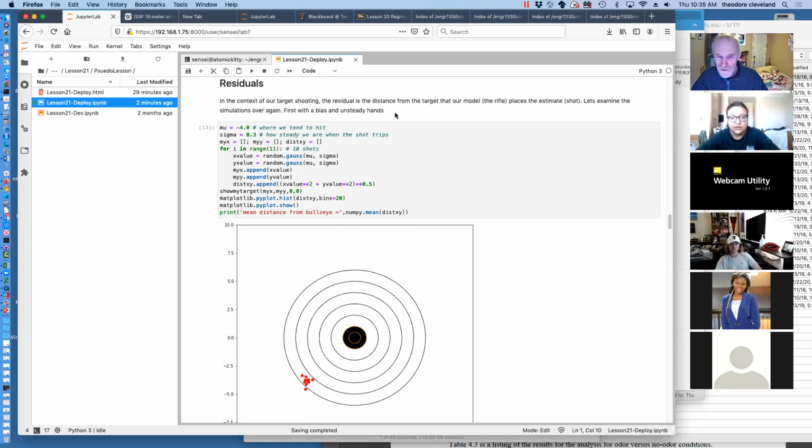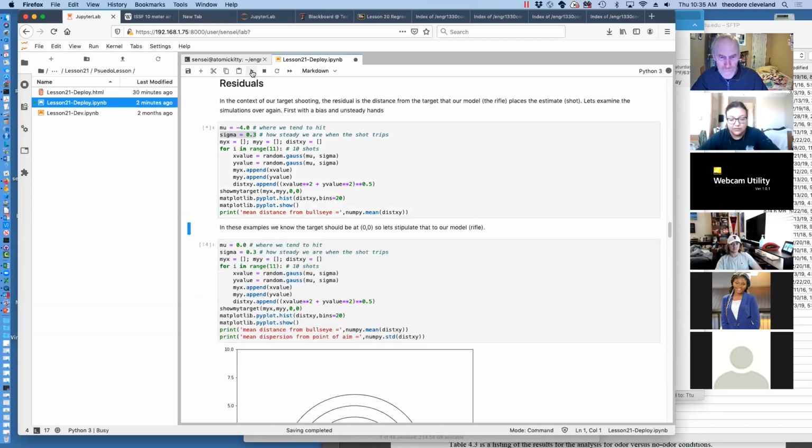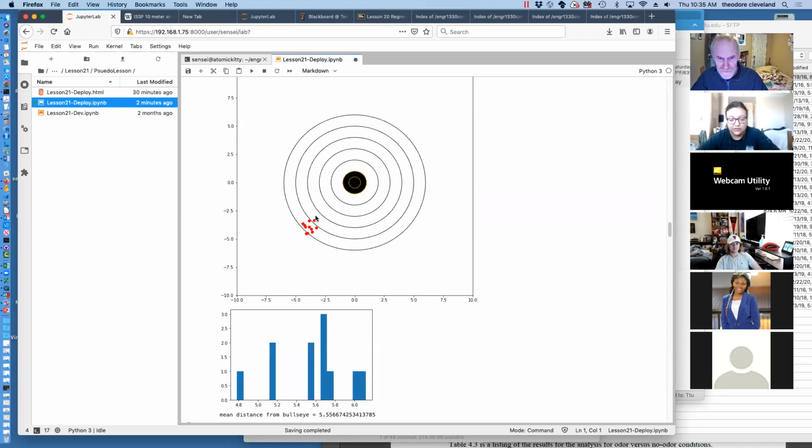So let's examine the simulations all over again. First, let's do a set of shots where we have systematic bias. So we're not on our mark of 0, 0, and we're a little bit unsteady. We do that, 10 shots, and we're off here, we're low and to the left.